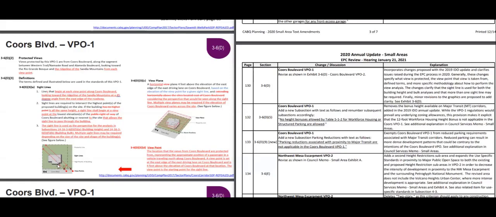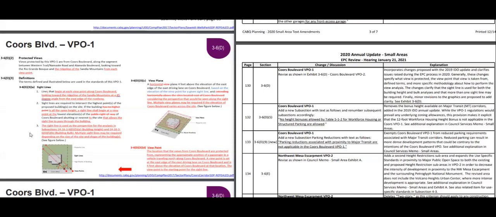If there were only one high point, and imagining Coors is descending as it continues north, you would want a viewpoint about right here, so you could draw a 45-degree line going through a portion of the building at the lowest point of the road that's near to that project site. And this diagram will be updated before the final IDO update is finalized.